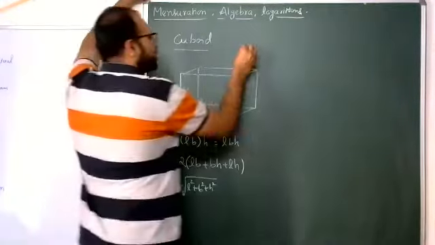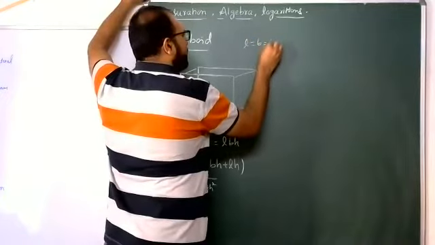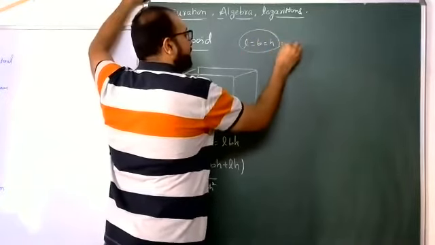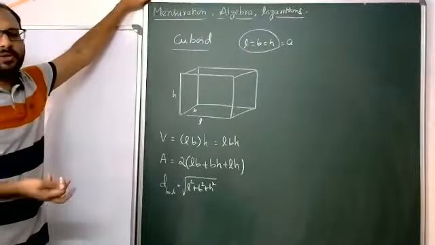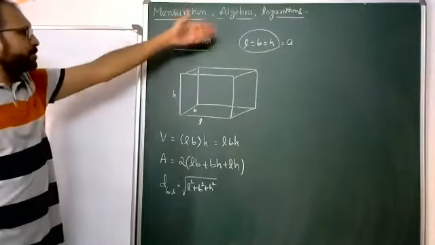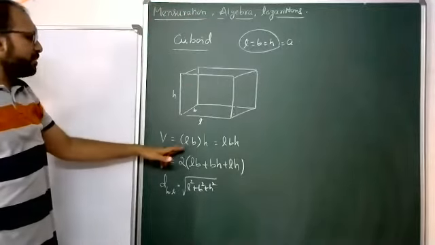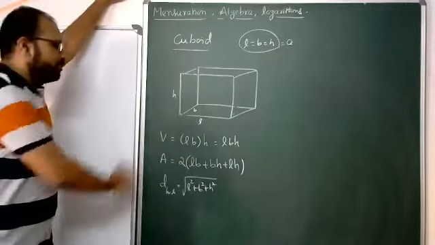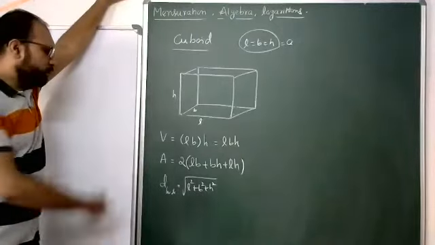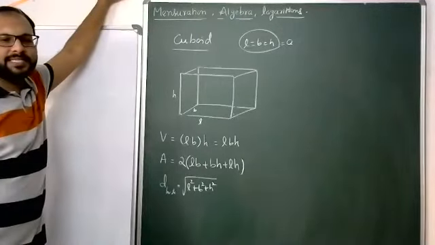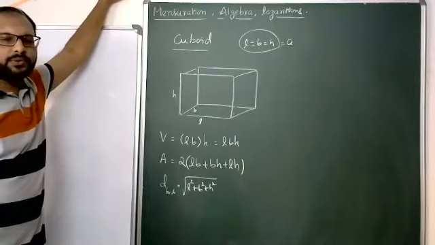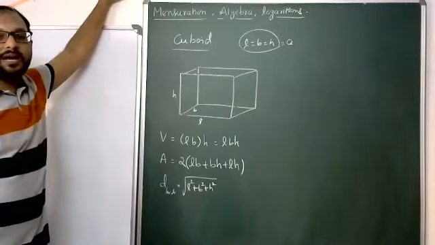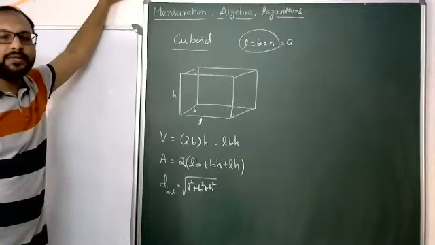Now students, suppose L equal to B equal to H equal to a. You all know that is a regular cube. So substitute L, B, H as small a. The volume is a cube, and the total surface area is nothing but 6a square. The body diagonal length is root 3 into a, and each face diagonal is root 2 into a.